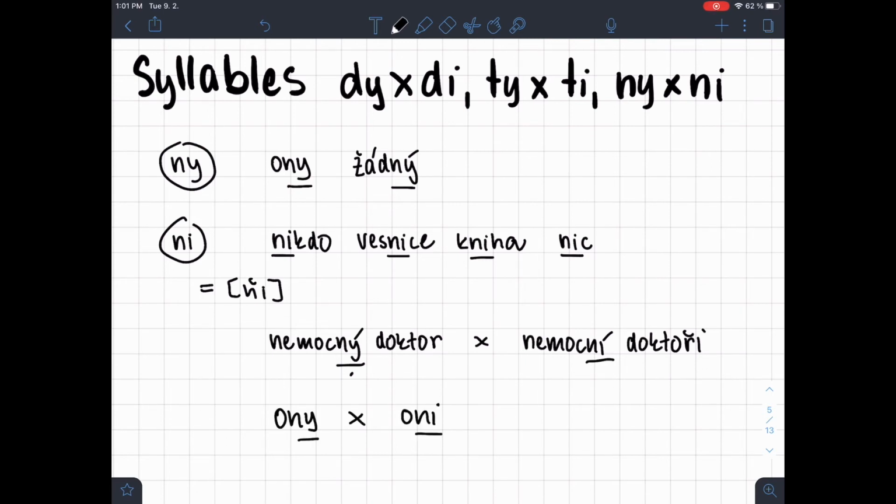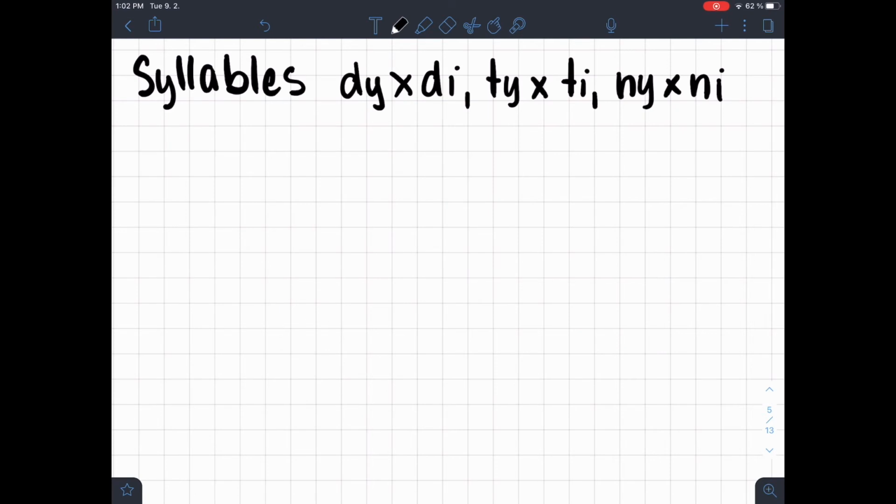This example is again similar to rádi, rádi. Here we have oni and oni. So the personal pronoun they. Again, oni with the hard y, it's the one that it's a group only of women. Oni could be just men or men and women together. Oni, oni.